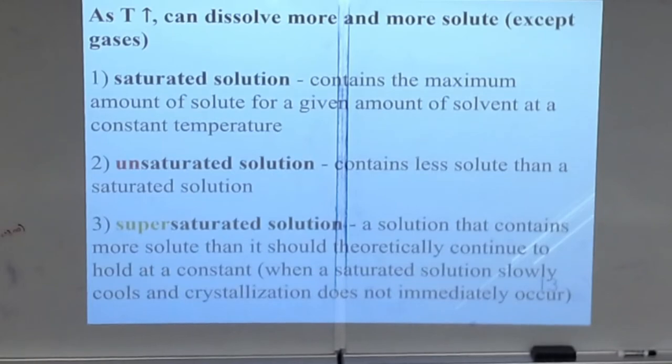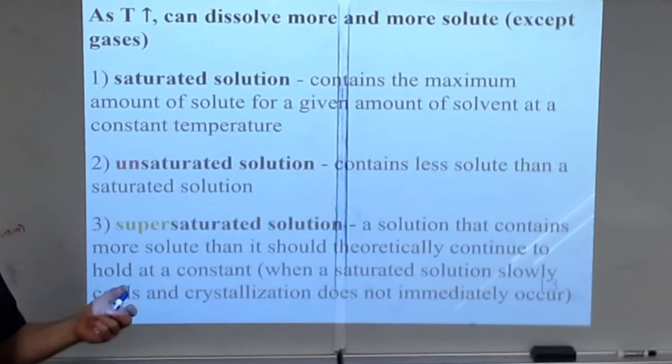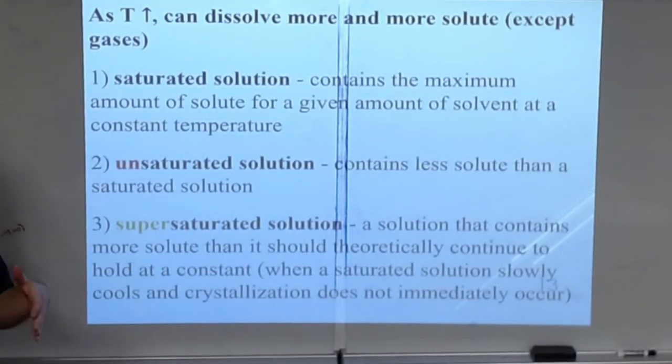So what we're talking about is the capacity of a, so I say I'm going to have a glass of water at 25 degrees Celsius. I can dissolve a certain amount of sugar. After that, any more sugar I put in just falls to the bottom. It's not in solution.